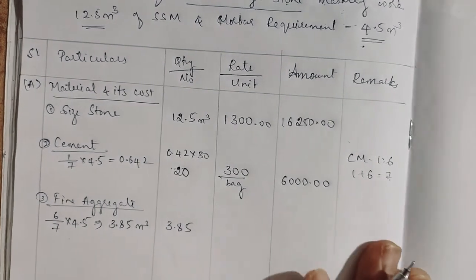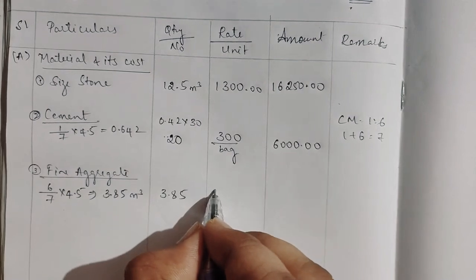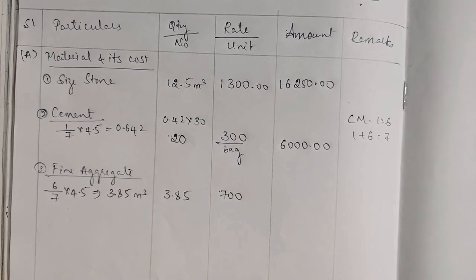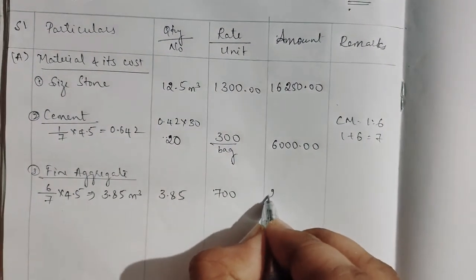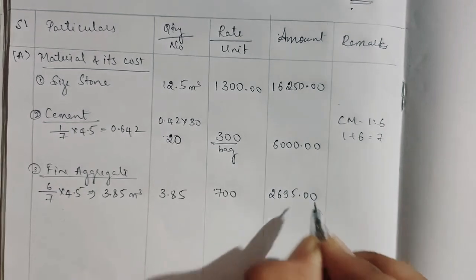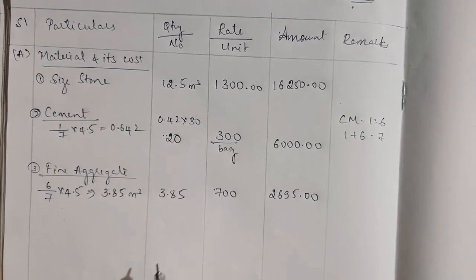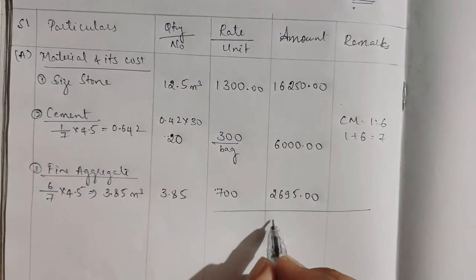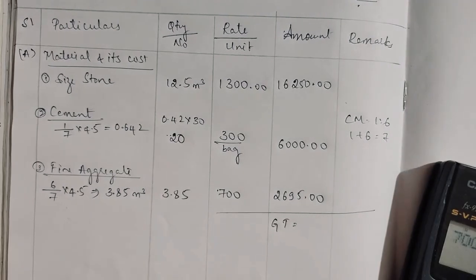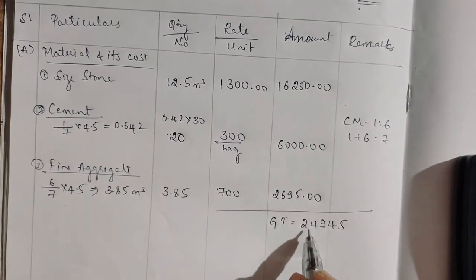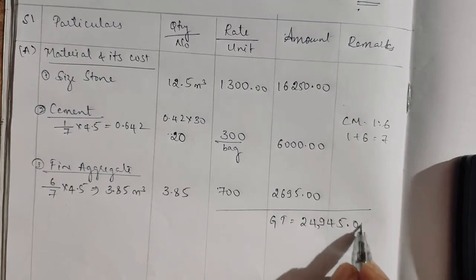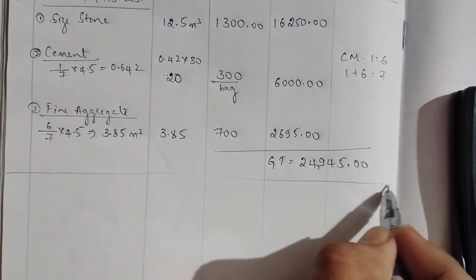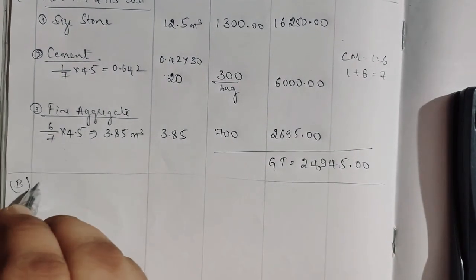The rate per unit is 700. Multiplying 700 into 3.85 gives 2,695. For the foundation work these are the items you require. You don't require any scaffolding work, right? So the grand total will be 24,945 rupees. Now the next stage is labor and their requirement.